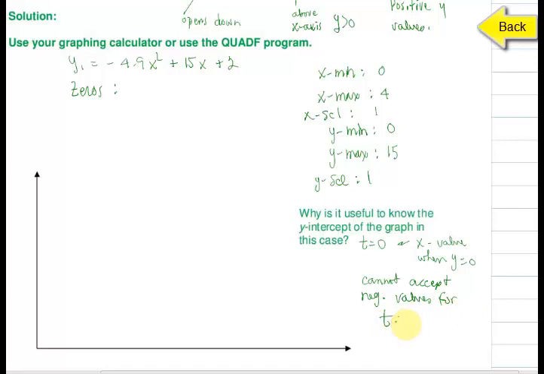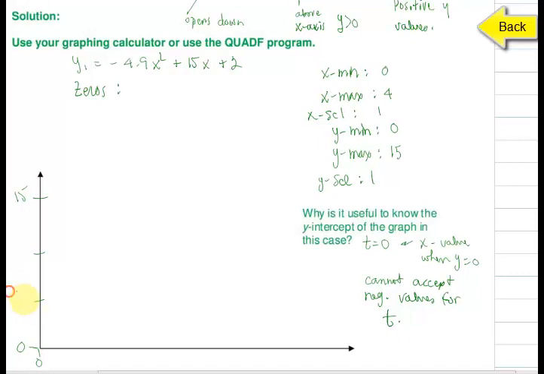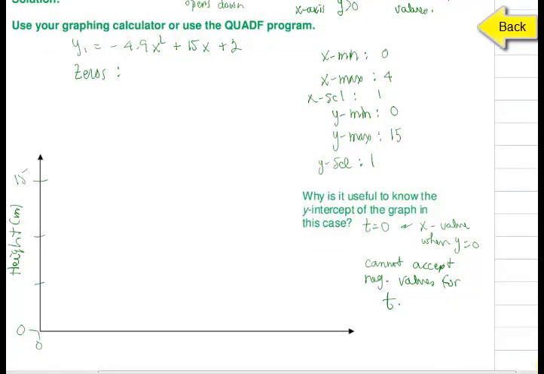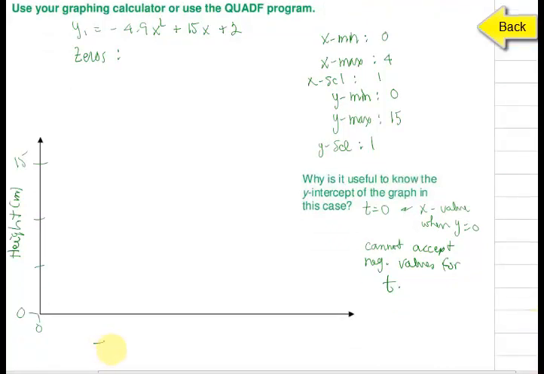Okay, so when you graph this on your calculator, we've got 0 and 0. I put into my calculator a y max of 15. This is going to be your height, in meters, and this is going to be your time in seconds.